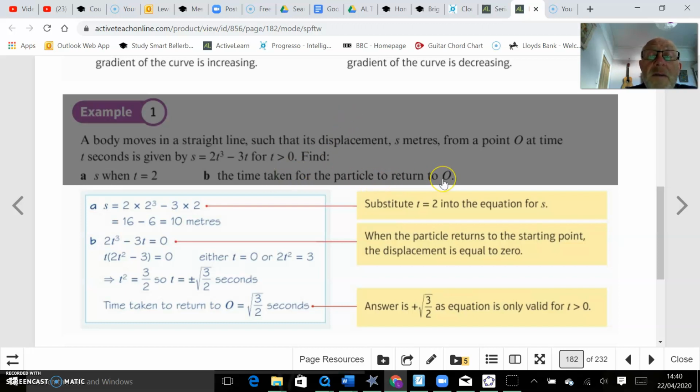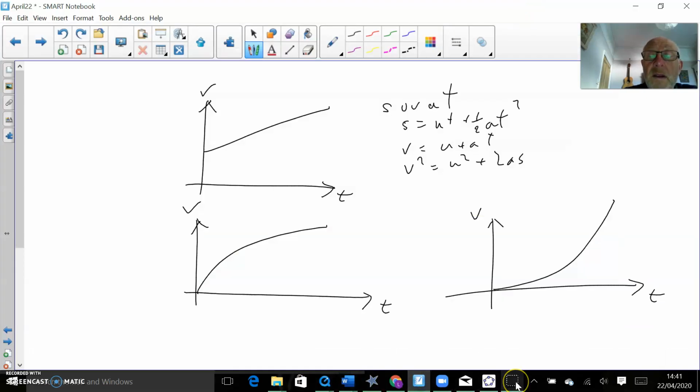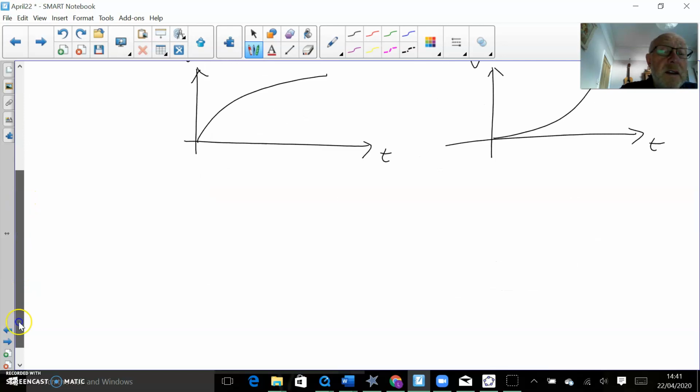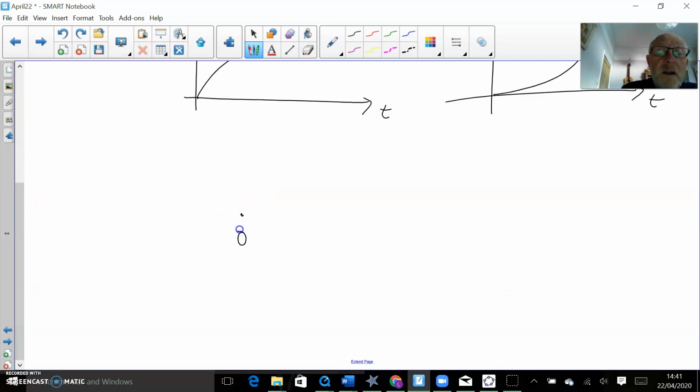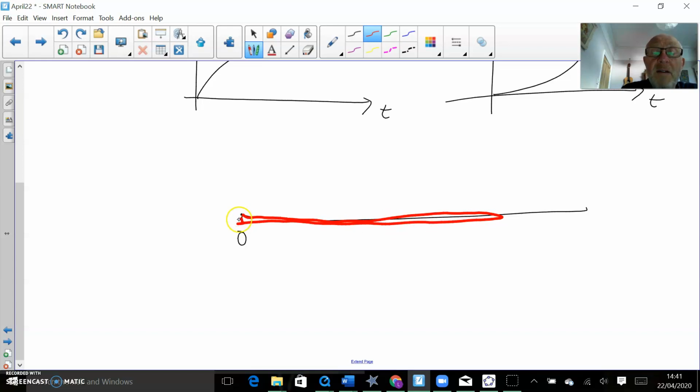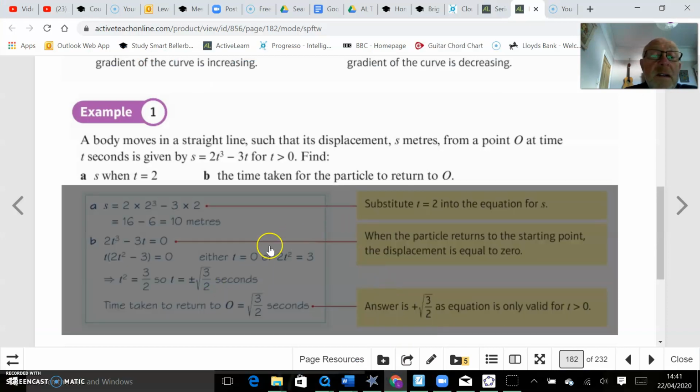The time taken for the particle to return to O, well, that's when the displacement is 0. I think what would be happening is you have O, we are travelling on a straight line, and we would move up and we would move back, and then how long did it take to get back to the initial position?